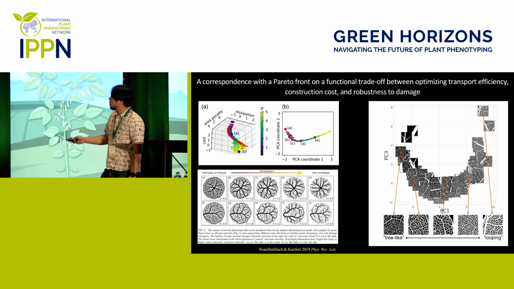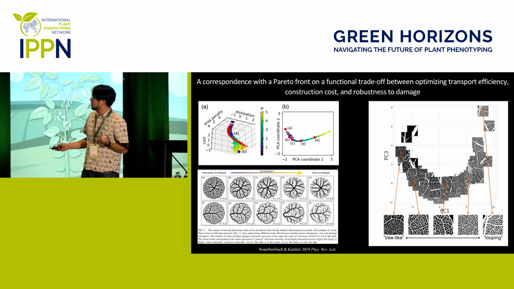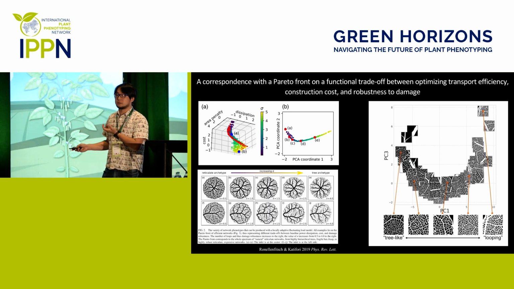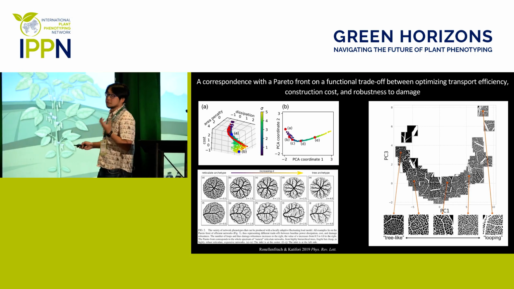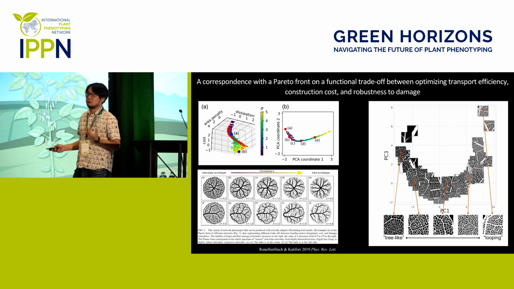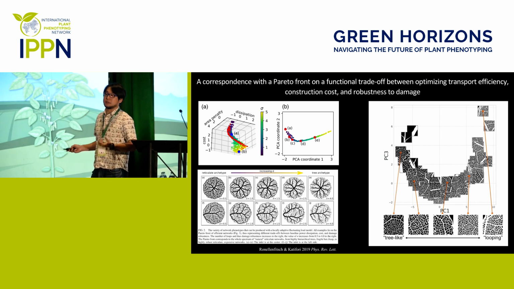And along this Pareto front, they also found that the network patterns change from the closed loopy structure to the open tree-like structure. Maybe we found basically the same latent space in venation patterns on the leaves.